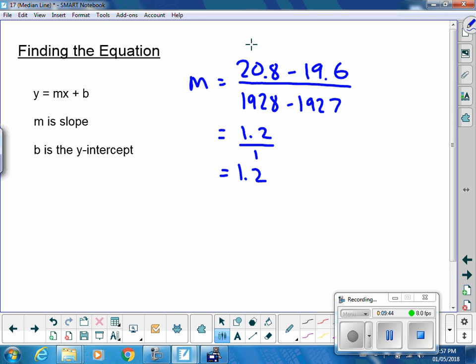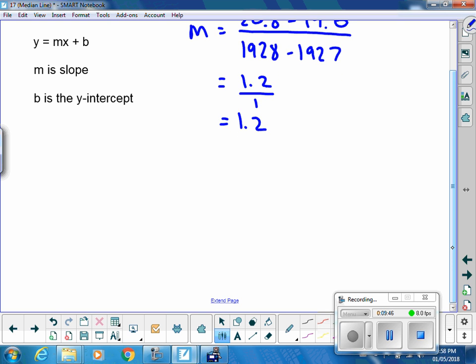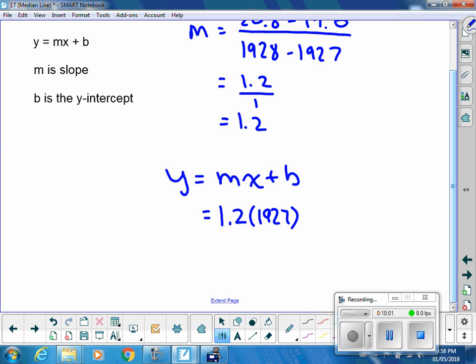To get my equation, I go to y equals mx plus b. I'm going to sub in my slope, 1.2, and a point that I already know. So let's say we take the first one. I had 1927 and I had 19.6, and I'm going to solve that for b.